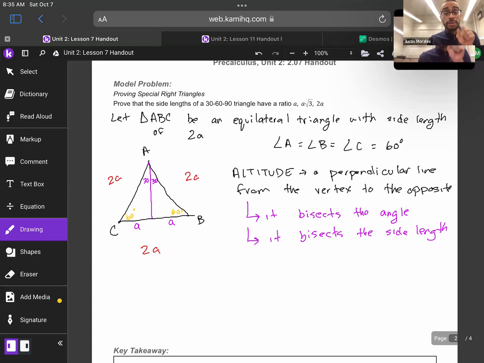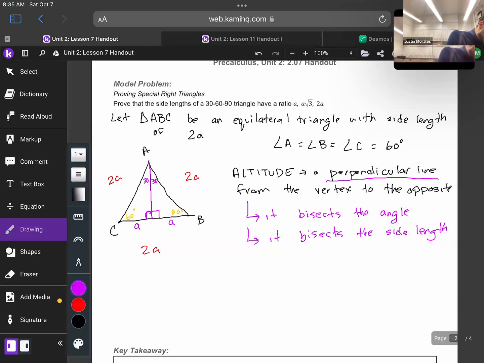But now we also need to understand that because that altitude is a perpendicular line, this is now a right angle, and this is a right angle. So that means we now have some right triangles in this visual. As we know, in a right triangle, we are able to do a squared plus b squared equals c squared.